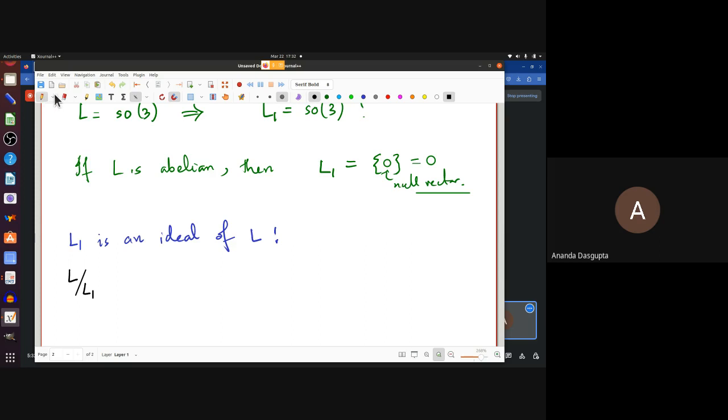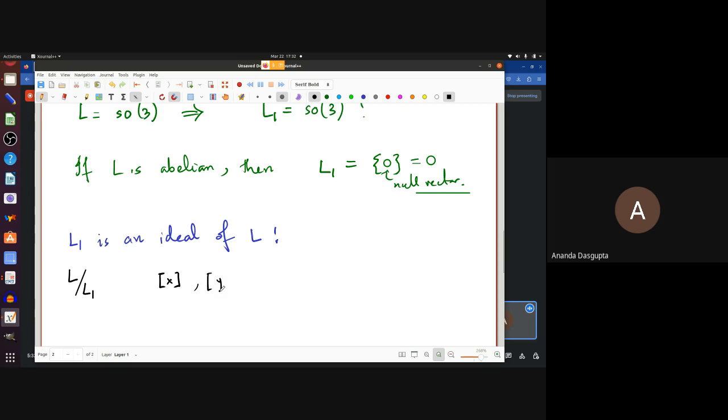You take any two elements of L by L1, you have an equivalence class of X, which means the collection of all vectors in L whose difference from X, all vectors Y such that Y minus X is in L1, right? That's what the class of X is.